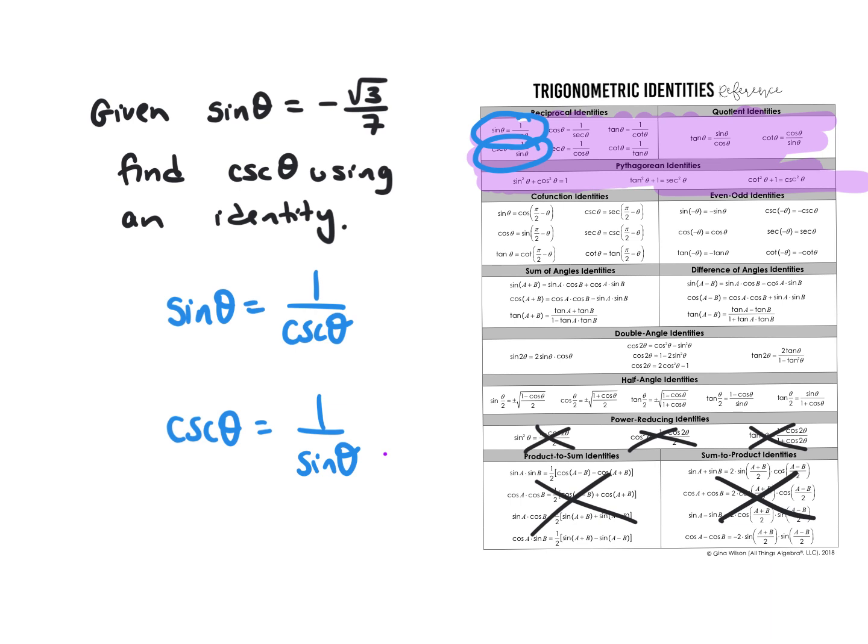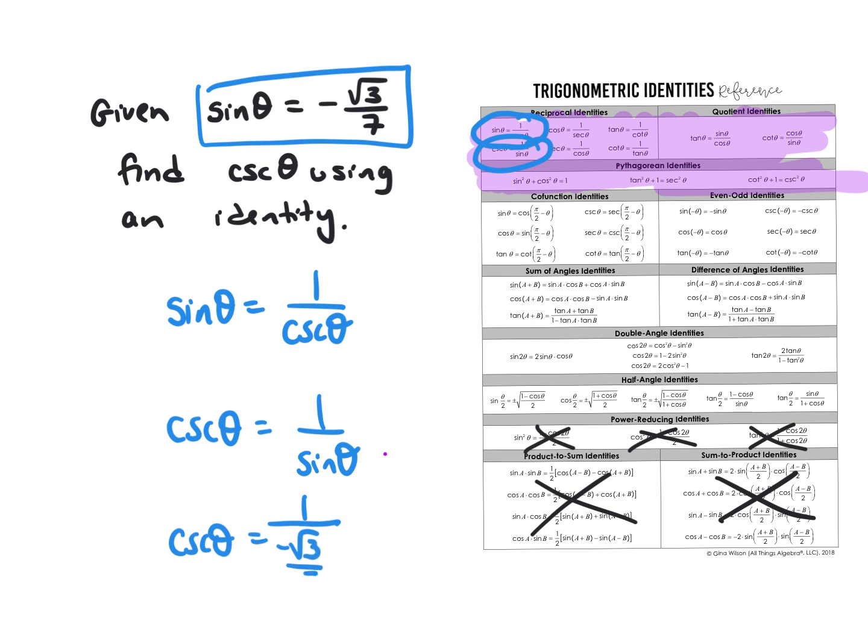So cosecant is just 1 over sine, and I know sine is negative square root of 3 over 7. So it's 1 over negative square root of 3 over 7. If I have 1 over a number, I keep, change, flip, so it's 1 times 7 over negative square root of 3. So we get negative 7 over square root of 3, or negative 7 square root of 3 over 3.